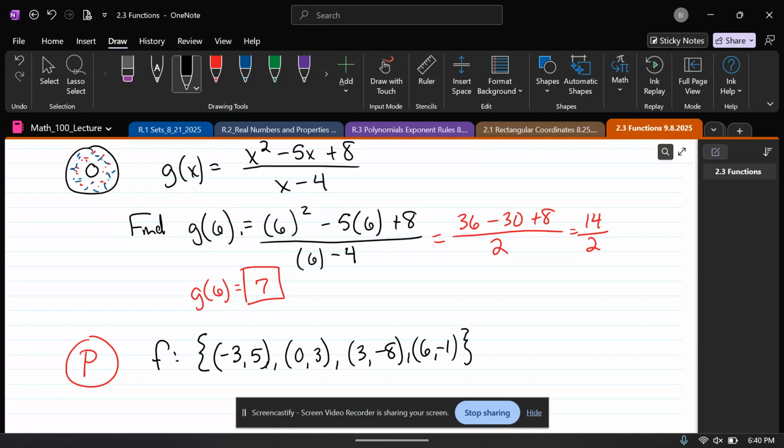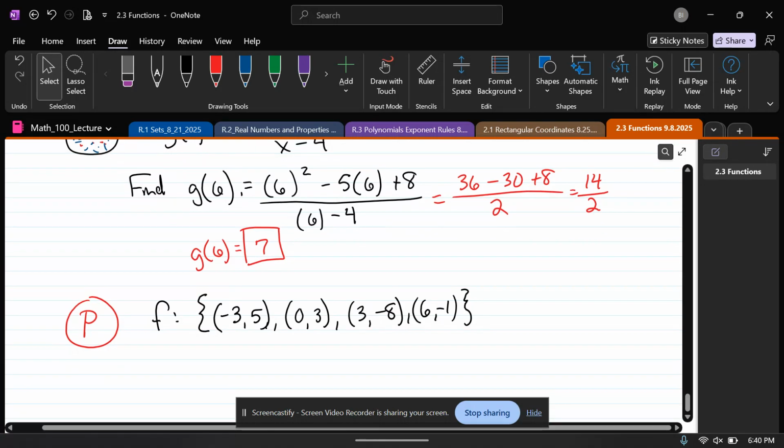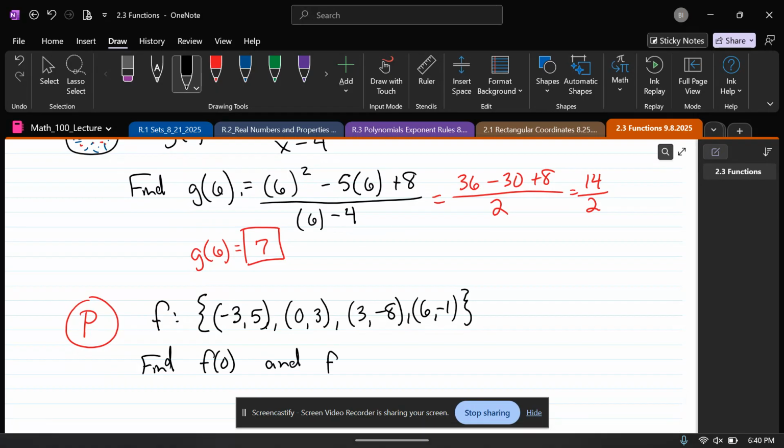So my function is f. It's a bunch of ordered pairs. They want me to find f of 0 and f of 3. This is where folks lose their mind because they're like, I don't have anywhere to plug an x in because I don't have an x.